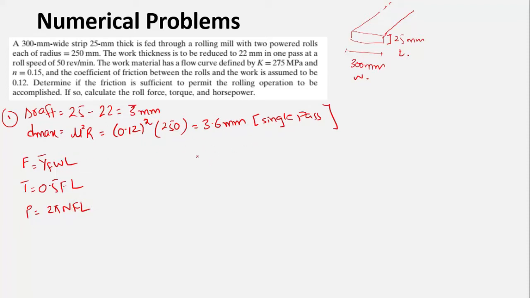So for the force, we need to determine the average flow stress, that is K strain to the power n divided by 1 plus n. We know the K, we know the value of n.